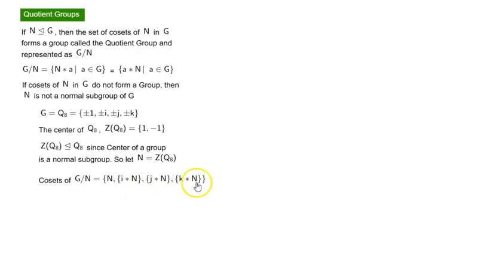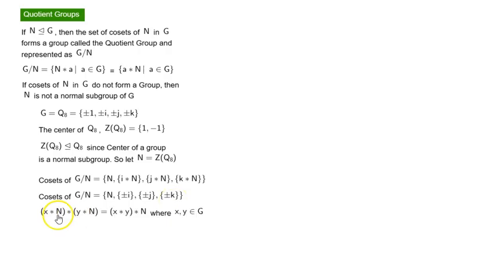So here we are looking at left cosets, or more specifically, the quotient group G by N is equal to N, plus or minus I, plus or minus J, plus or minus K. When we multiply any of these two cosets, how do we do that? X times N times Y times N is equal to X times Y times N, where X and Y are in G. So N is the identity coset.